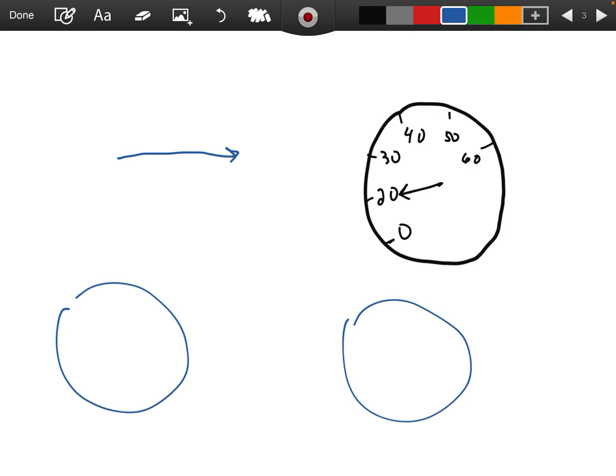So what they're doing is they're forcing you to calculate the velocity of the ball when it left your hand.